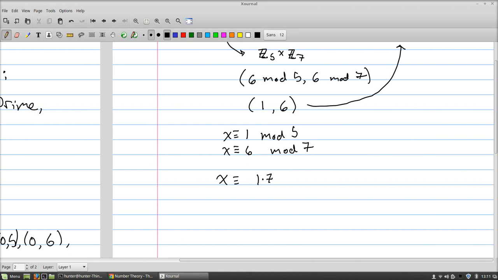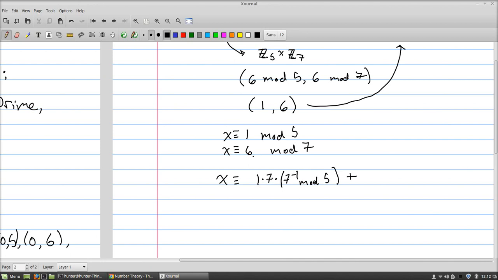However, this multiplication by 7 will affect the result mod 5. So how do you stop that from happening? You multiply it by 7 inverse mod 5. So this will be 7 inverse mod 5. Now something really cool has happened, which is this number will be 1 mod 5 and 0 mod 7. So we fixed half the problem here.